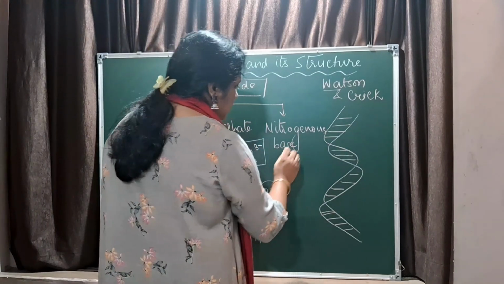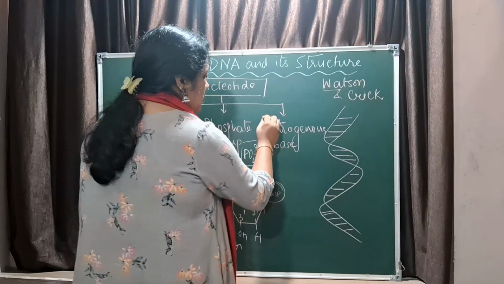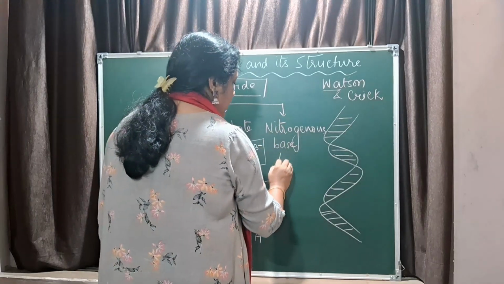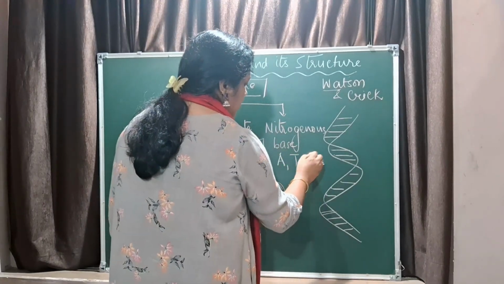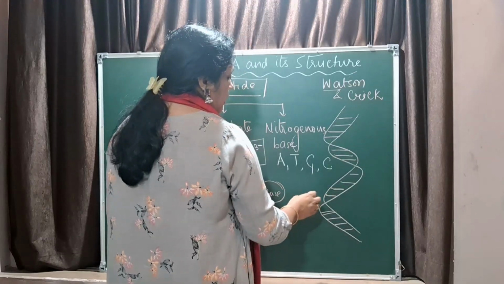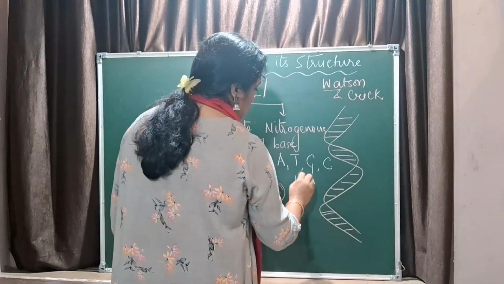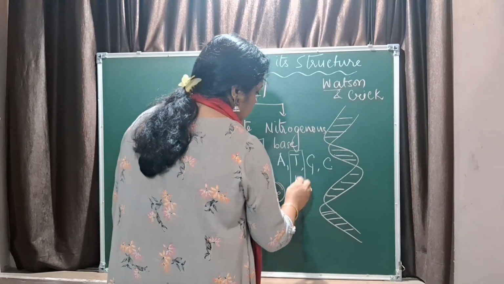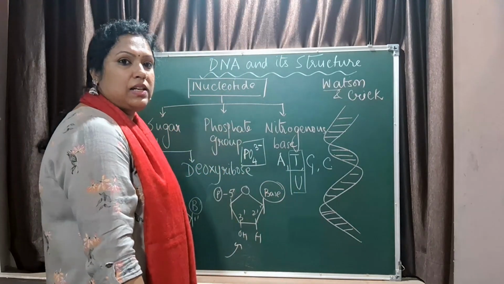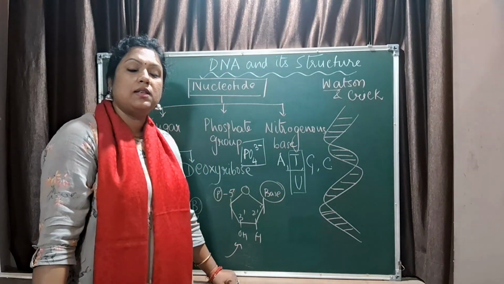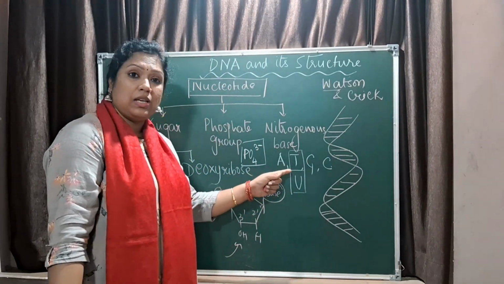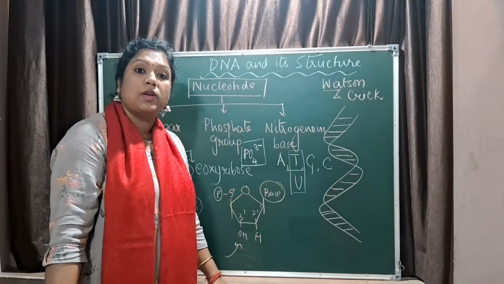Now the nitrogenous bases are A, T, G and C, and there is one more, which is U. T is present in DNA and U is present in RNA. T is thymine and U is uracil.